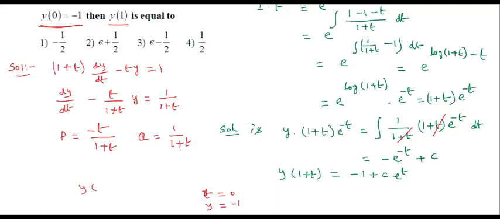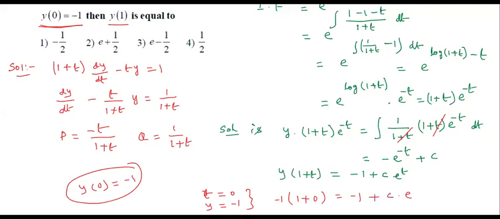Substitute here: minus 1 into 1 plus 0 is equal to minus 1 plus c into e power 0. So on the left hand side, minus 1 into 1 is minus 1. Now these two are going to cancel. Finally, we get c value as 0.